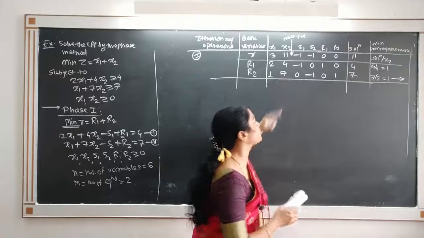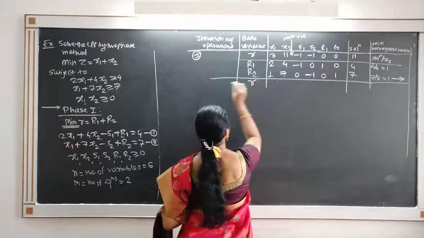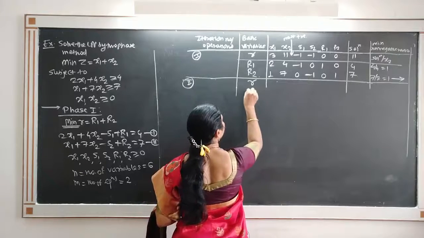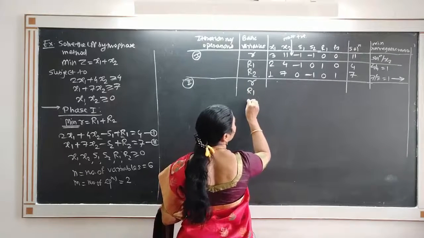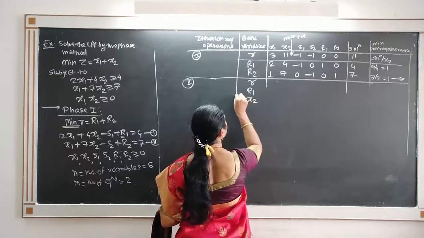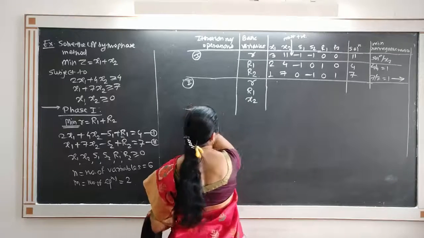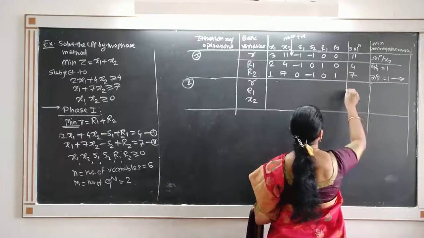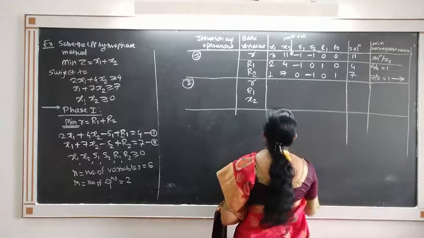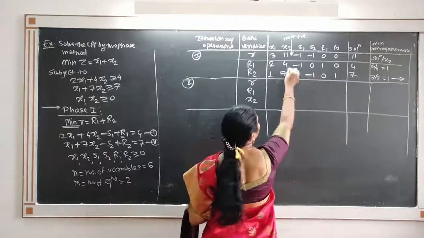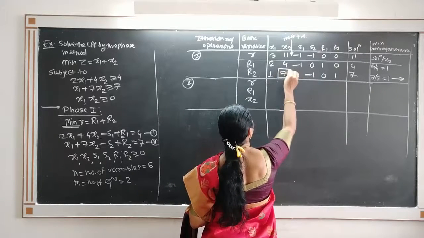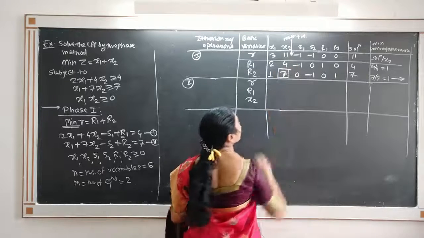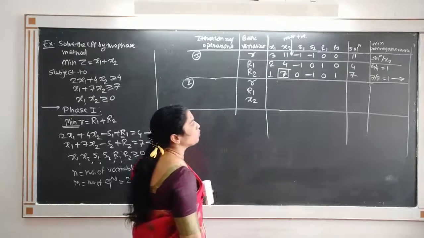So in the next table, R remains as it is, R1 remains as it is, R2 leaves and x2 enters. Now observe, the pivot element comes to be 7. We want to make this 7 equal to 1 and make the others in that column equal to 0.